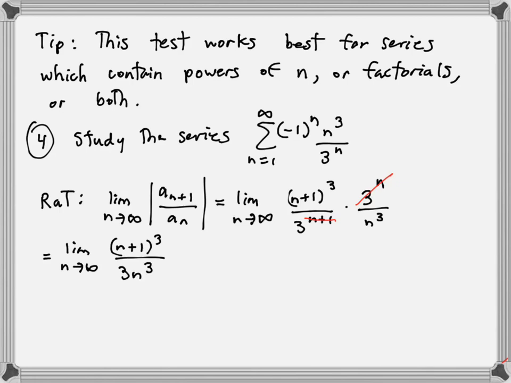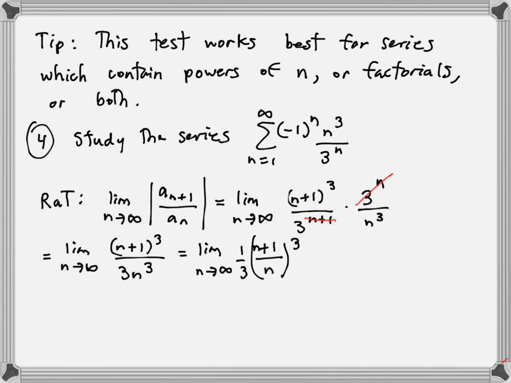I'm going to actually rewrite this as follows. Isn't this the same as (n plus 1) over n cubed? And I'm just going to pull the 3 out because the 3 is not being cubed.